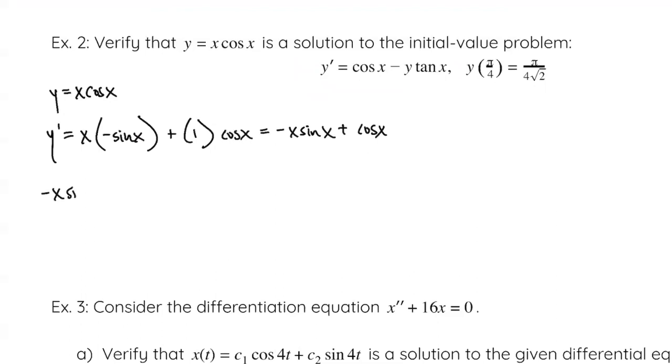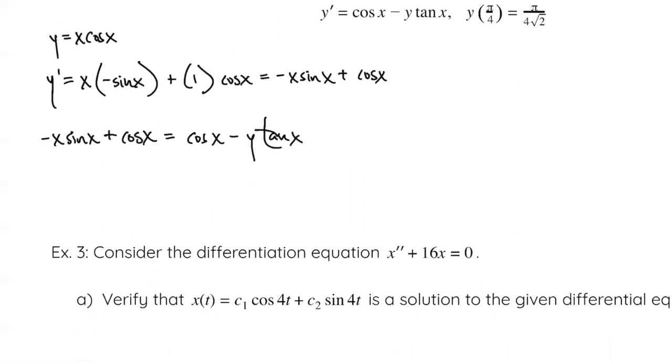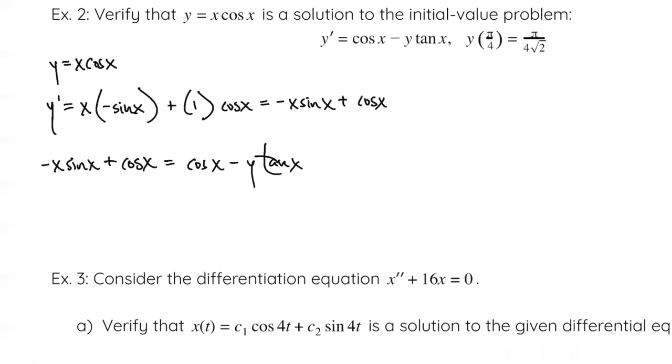So this I can plug in for that y prime part. Negative x sine x plus cosine x equals cosine x minus y tangent x. And what can I put in for the y? I can put in the x cosine x. Ooh, some of that trig stuff.